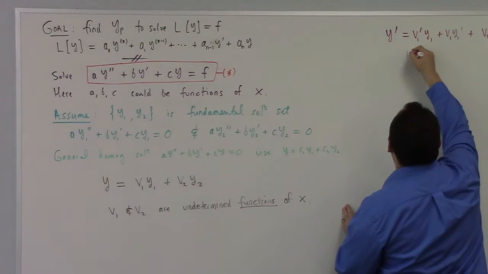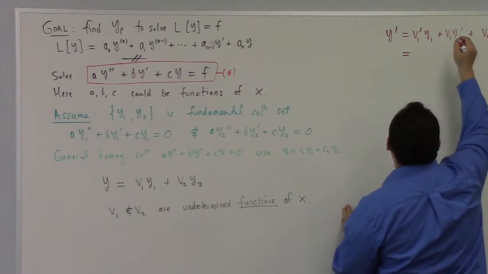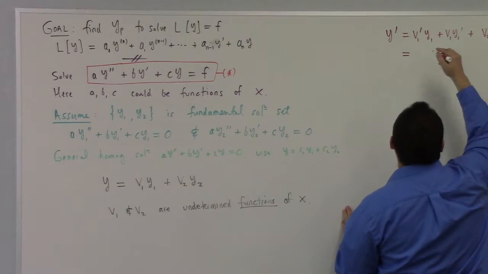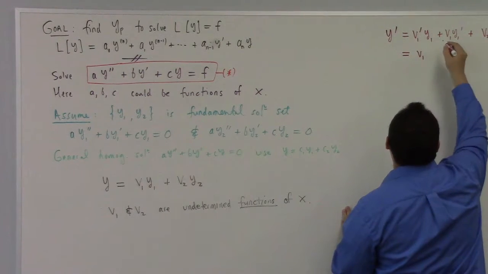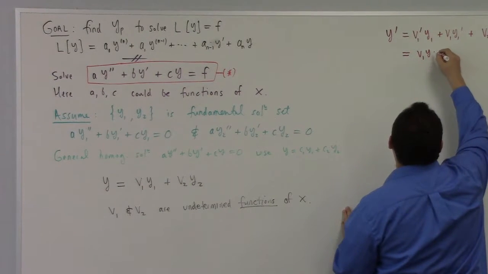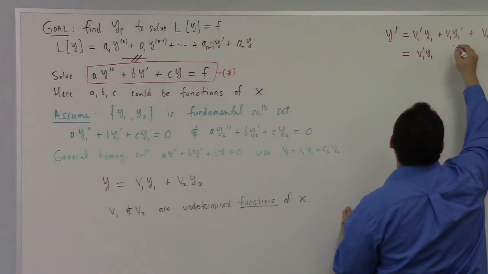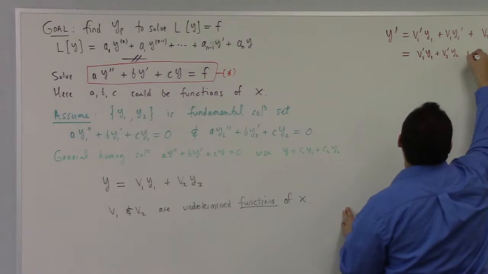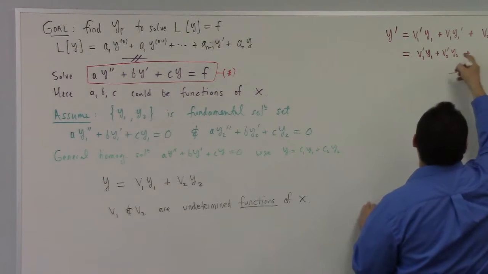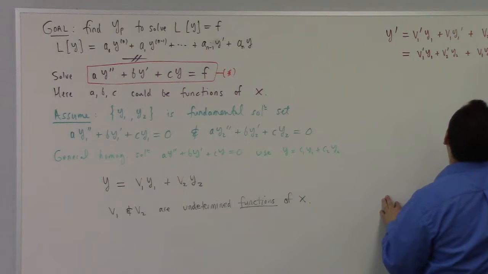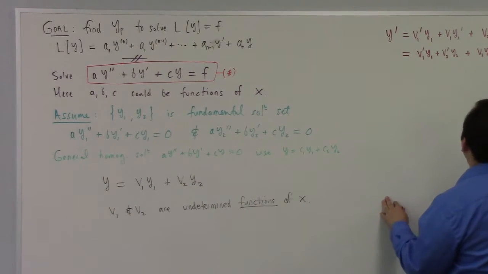Let me reorganize that a little bit. So that gives me v1 prime y1 plus v2 prime y2 plus, gathering the derivative in v terms, v1 y1 prime plus v2 y2 prime.